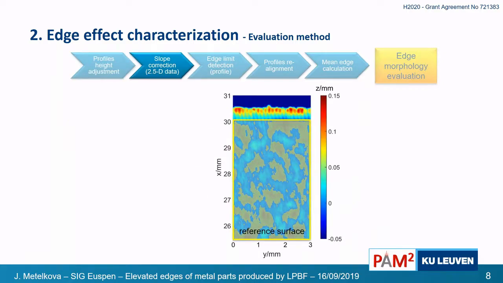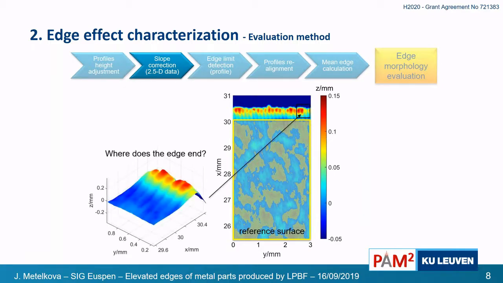And then after this, we are correcting the slope of the main surface. However, the question still remains, where does the edge end? Because we cannot consider it as the edge in the classical sense, where we detect the edge based on contrast, because we are talking about 2.5D data, so profile measurements assembled together.